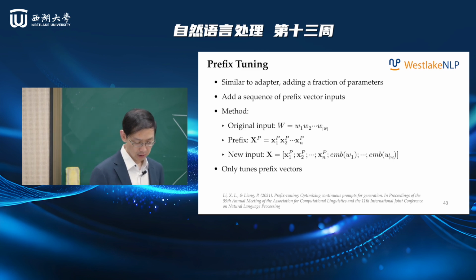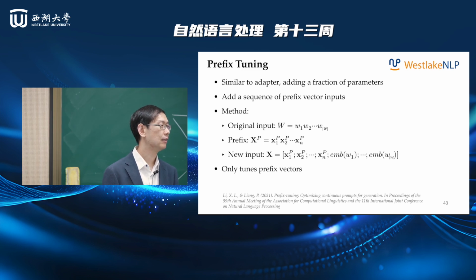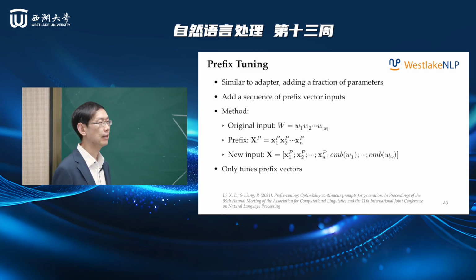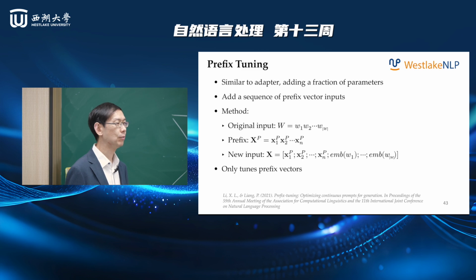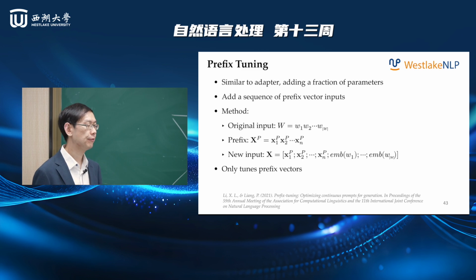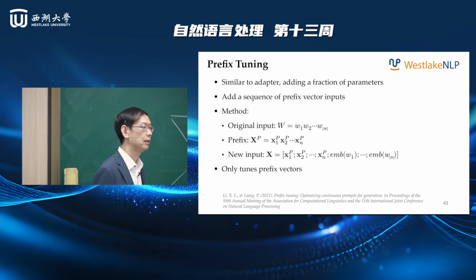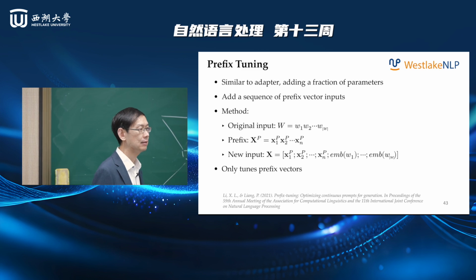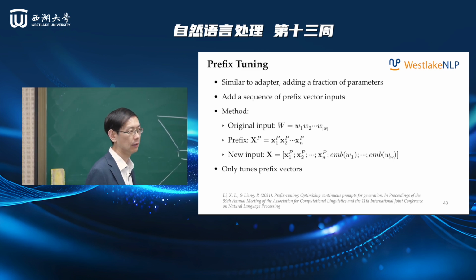The number of prefix tokens can be defined by yourself. These are embedding vectors which are fine-tuned during model tuning. In addition to these prefix tokens, the remaining process is exactly the same as before.